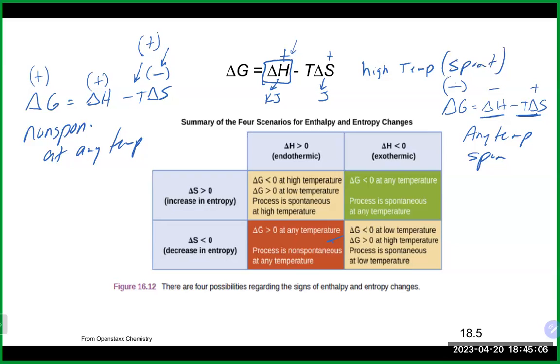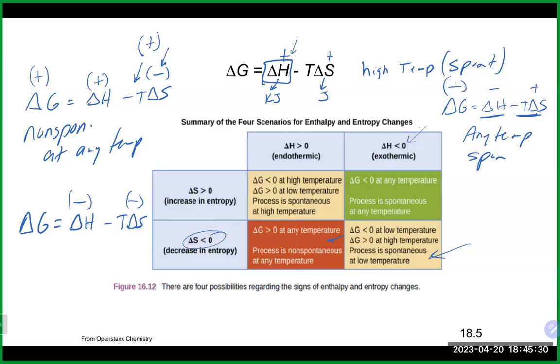And the last situation that you could have is if you're looking at this equation and we look at our delta H and our delta S values, we're at this box here. We have our delta S, which is less than 0, which means it's negative, and we have an exothermic delta H, which is also negative.